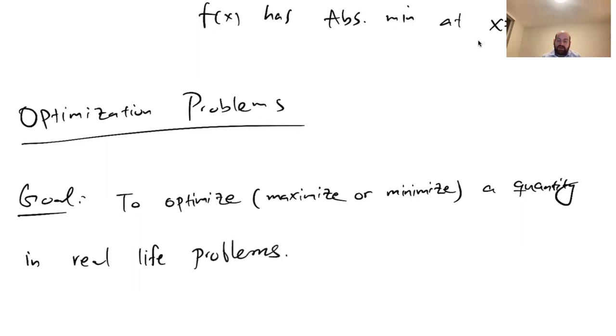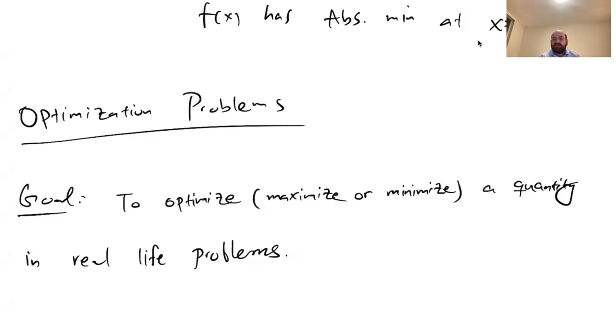So one of the main goals of calculus and even applied mathematics, if you want to talk more generally, is to optimize a quantity. Well, which quantity, that depends on the context. So for example, in economics, you may want to maximize your profit or minimize the cost. Or in physics, maybe you want to minimize the time that an object spends to reach a certain goal or target.